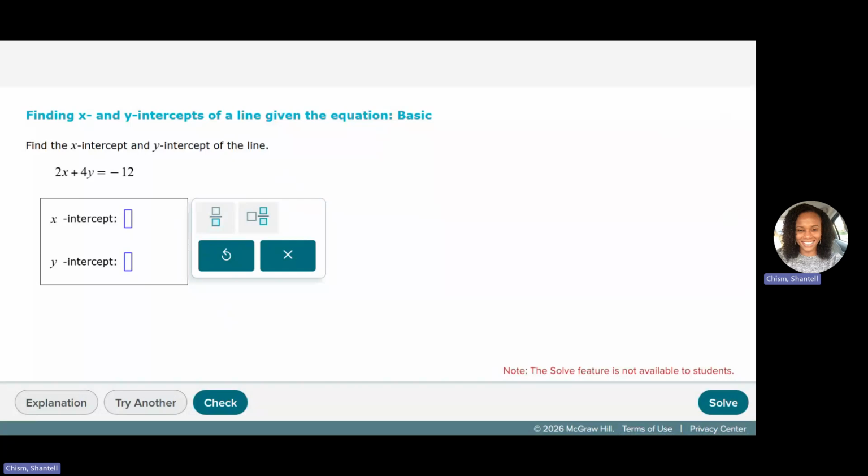It is find x and y intercept. And the equation is 2x plus 4y equals -12. Okay, so I'm going to stop sharing that.